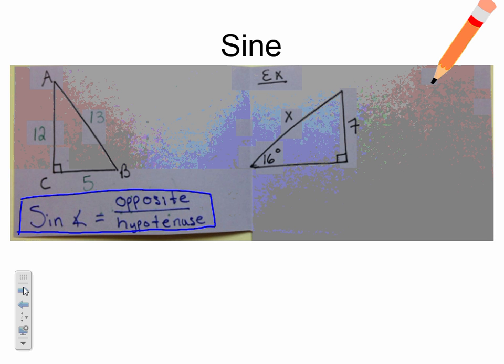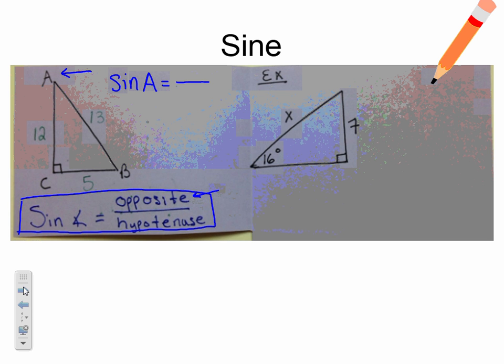So let's use this triangle over here on the left to set up some fractions based on an acute angle that we're standing at. So one of the acute angles in the triangle would be angle A. It's not 90, it's not obtuse, it's acute. So we could set up the sine for angle A. The sine ratio for angle A says that you take the opposite side.